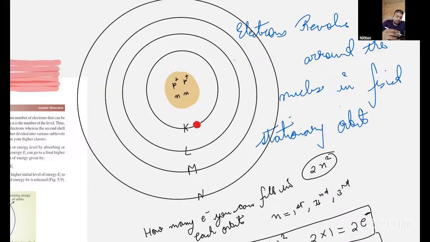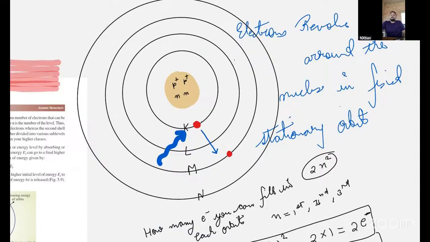So it will go to the M shell. It can go to any higher orbit, not only the M shell. It can go to the N shell. If we give more energy, it can go to the O shell, P, Q, any shell.